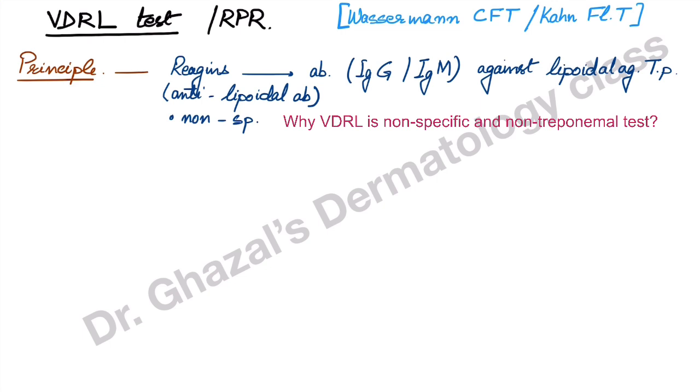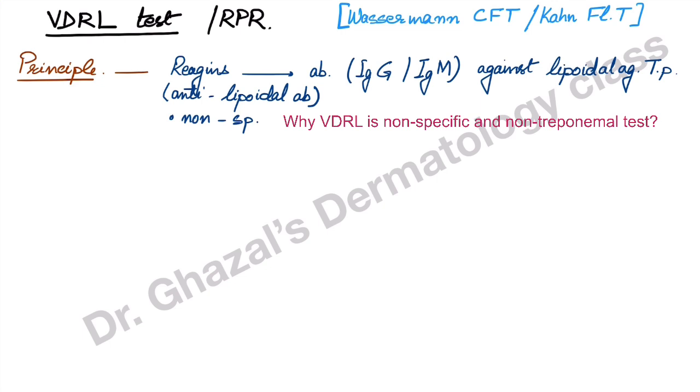phospholipids or the lipoidal constituents are released whenever there is host cell damage in any infection like Treponema pallidum, or even in autoimmune diseases and in pregnancy, which may give rise to false positive results.